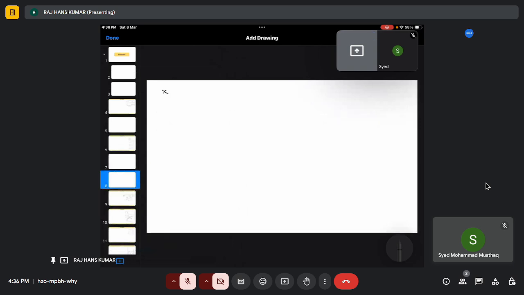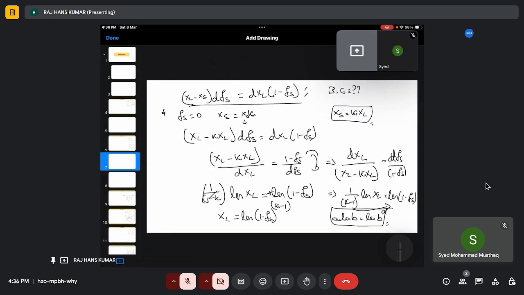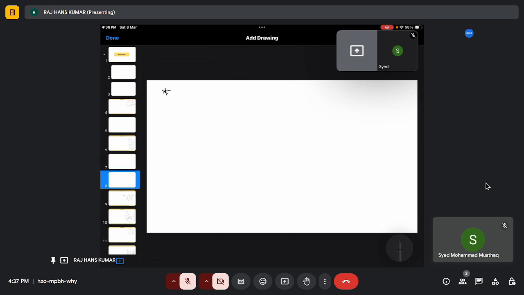Then here's the thing we have remained with, and we also know what XL is: XL equals XS by K. I'm substituting that. XL equals ln 1 minus Fs to the power K minus 1.